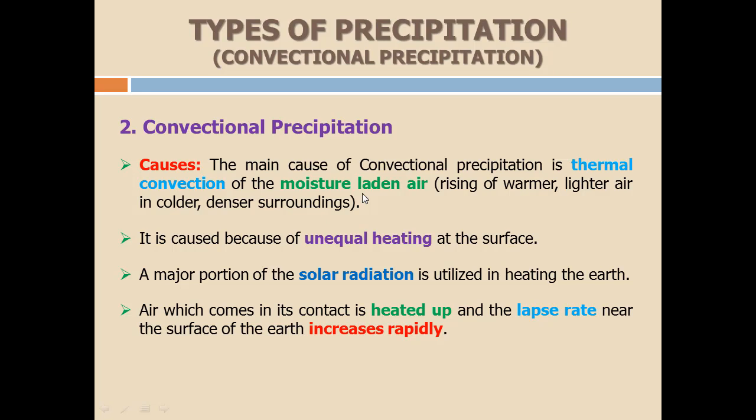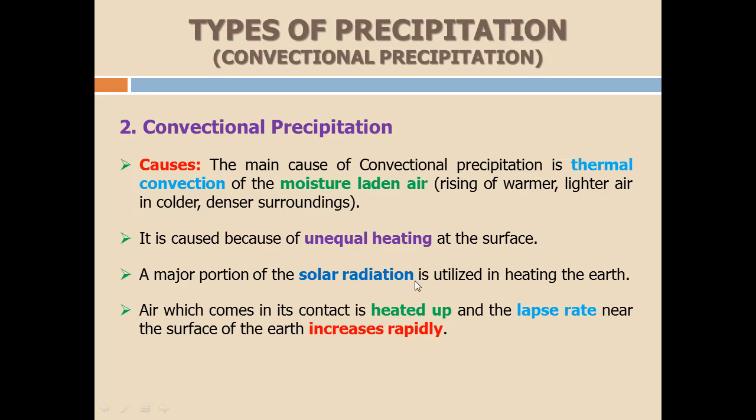Now when the earth is heated up by solar radiation, the air also heats up, and the warmer, lighter air rises in the colder, denser surroundings. This heated air starts rising upward. It is caused because of unequal heating at the surface.